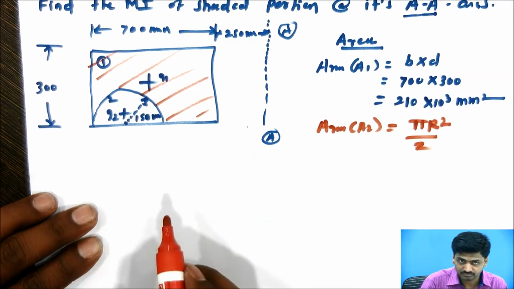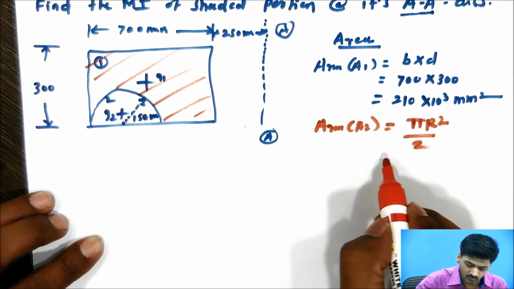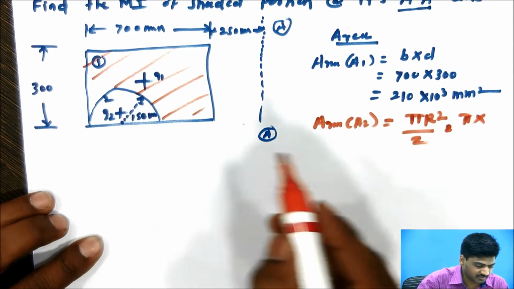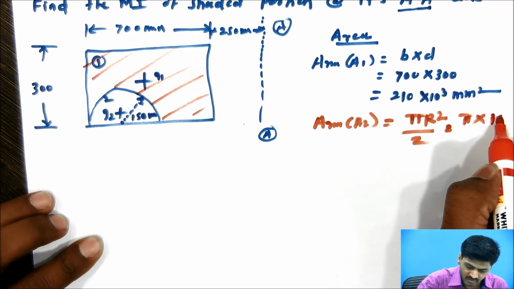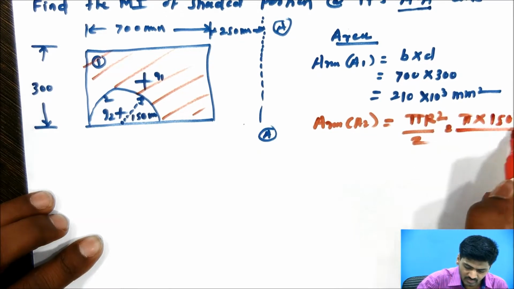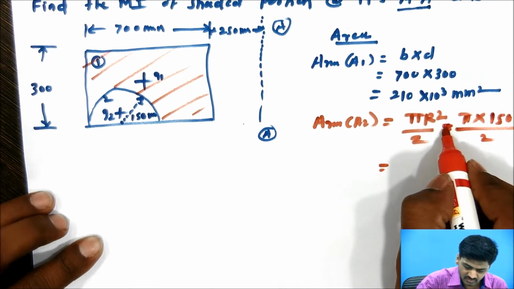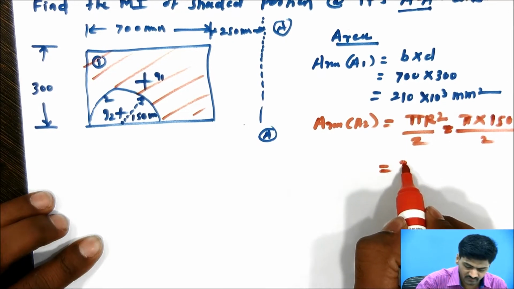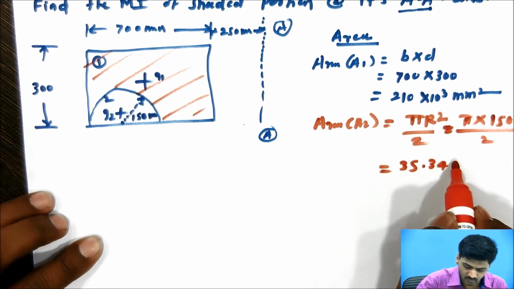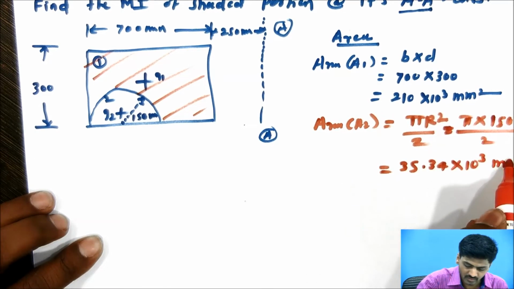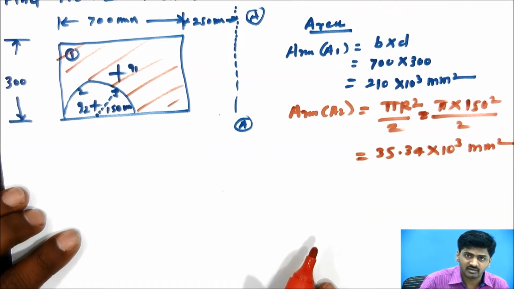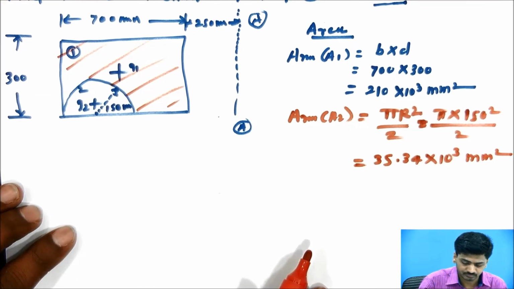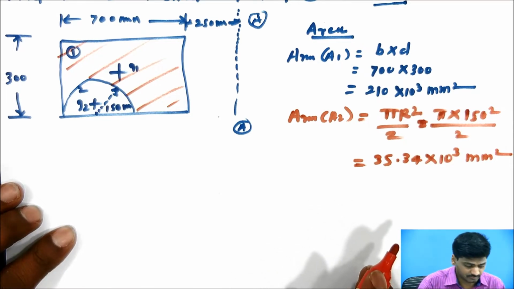So pi into 150 square divided by 2, you get the area of the semicircle, near about 35.34 into 10 power 3 mm square. This is regarding your area.